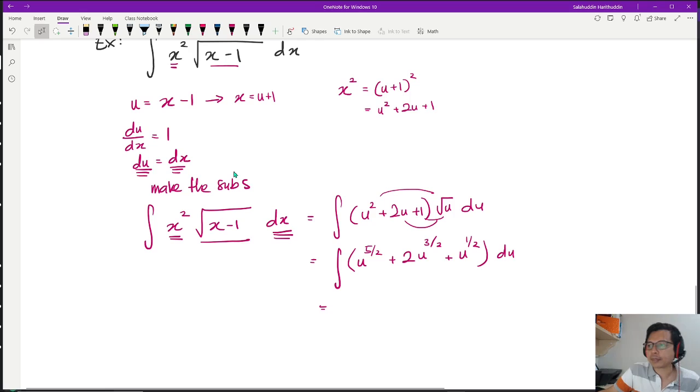Now all we need to do is treat it as individual functions separated by pluses. You can use the sum rule.